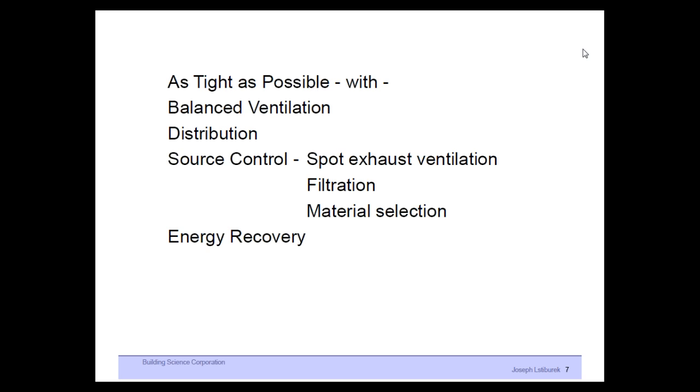Now the boxes or the cubes, the compartments, are so tight that the only system that we're finding actually works is one that is balanced. The amount of air being brought in is balanced by the amount of air being extracted, and this is done with interlocked fans or mechanical ventilation.